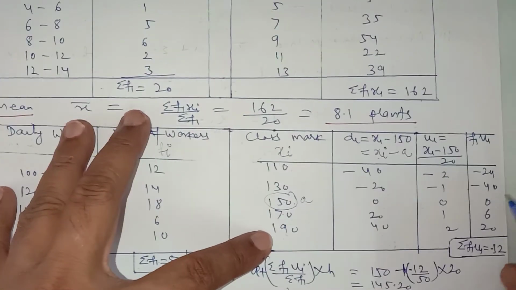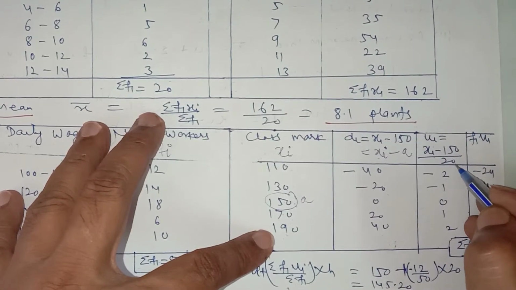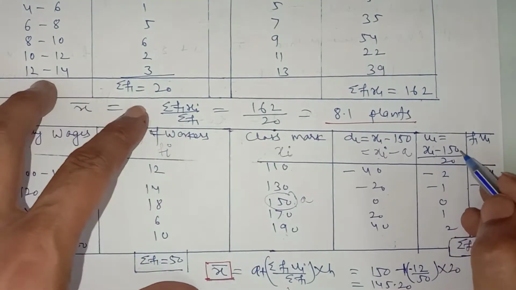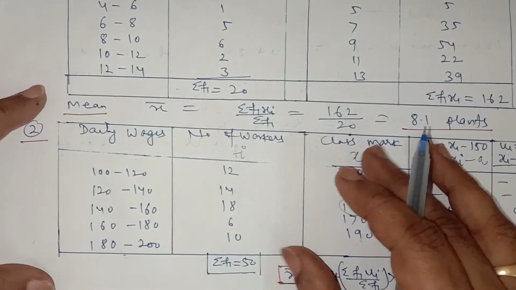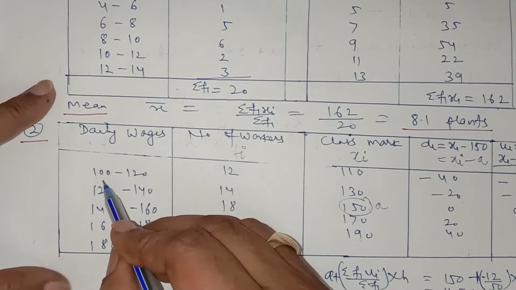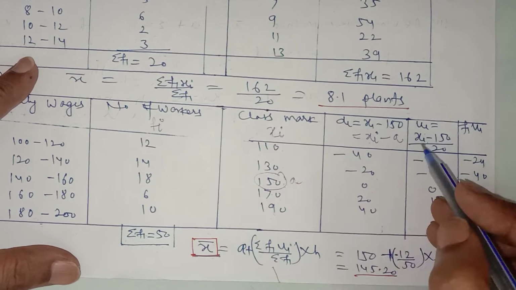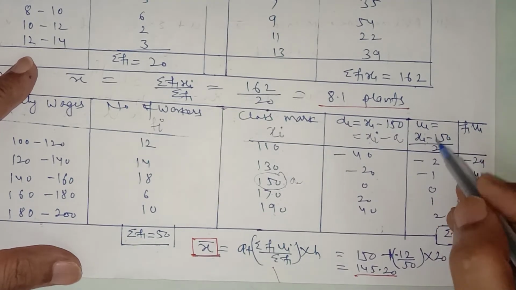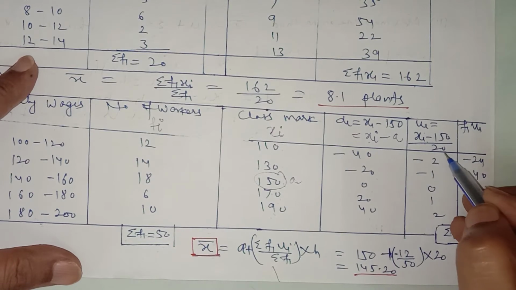Now ui is xi minus a upon h. Here a is 150 and h is the class size, which is upper limit minus lower limit, equal to 20. So ui is equal to xi minus 150 upon 20.